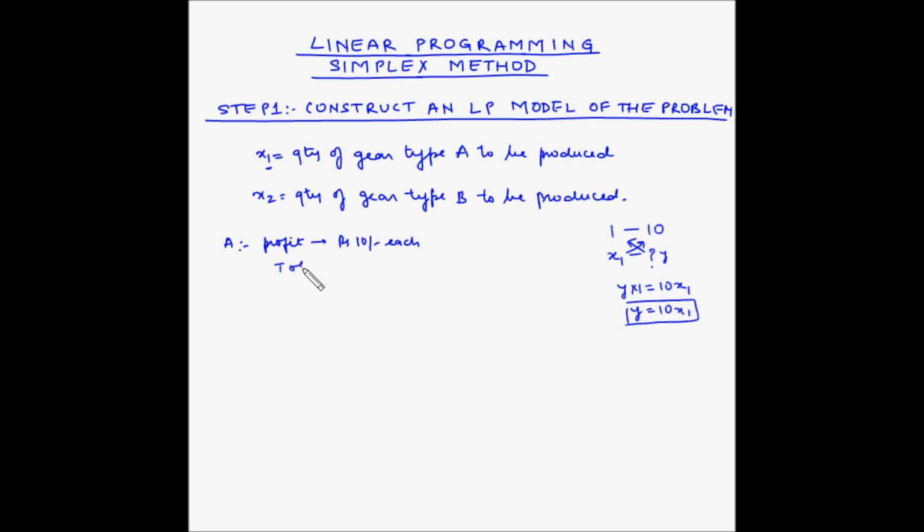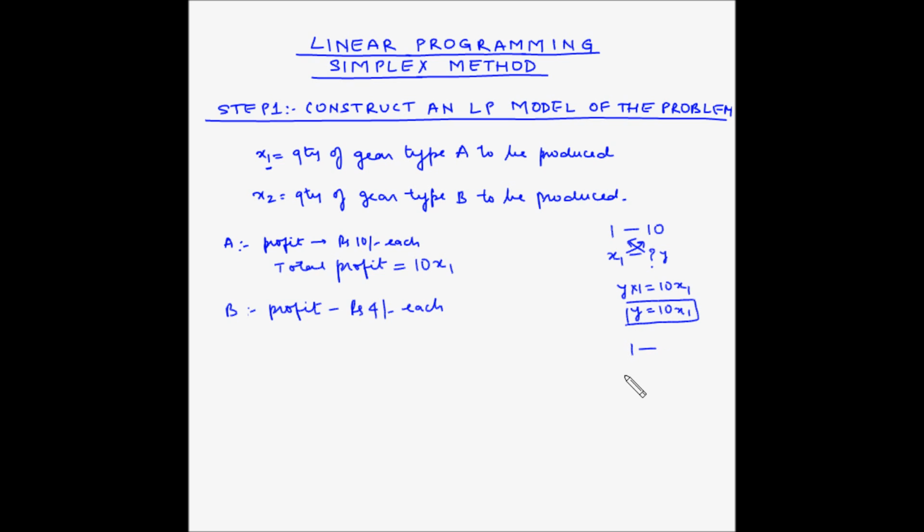So the total profit for x1 quantities of gear type A will be equal to 10x1. Similarly for B, the profit for each gear of type B is given to us as rupees 4. So same concept.